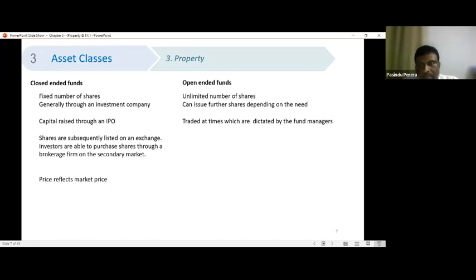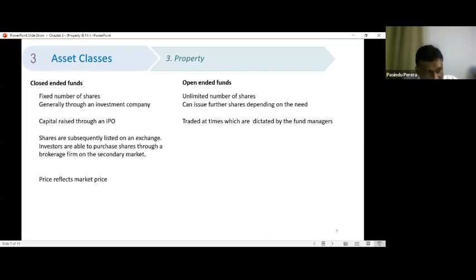So the price reflects the market price. There is a unit price or share price, and that will be the market price of that particular fund. Now, we are talking about property, but you can see this close-ended structure for certain unit trusts as well, such as opportunities funds. You probably would have seen some of the listed opportunities funds. That's a close-ended fund with a fixed number of shares.